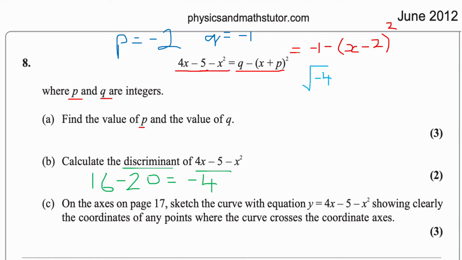So the quadratic doesn't actually have any real solutions, but that doesn't mean it doesn't cross the y-axis. So it crosses the y-axis at -5. It's a negative quadratic, so it's going to look something like this.